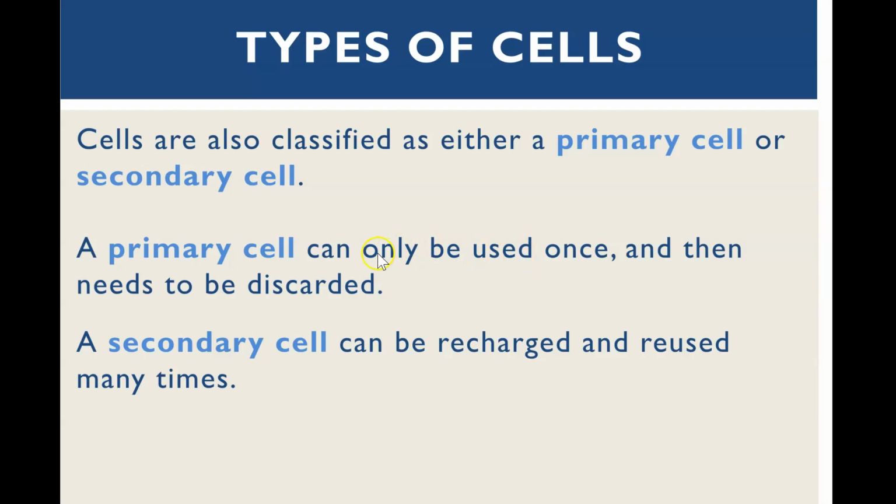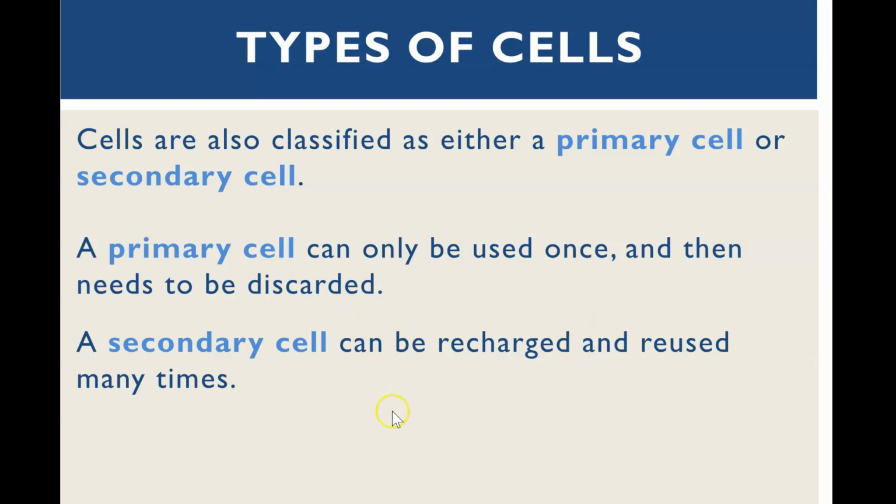Once all the chemicals have been involved in the chemical reactions and they've all been used up, the cell is no longer viable, and you basically have to recycle it. You can't use it again.